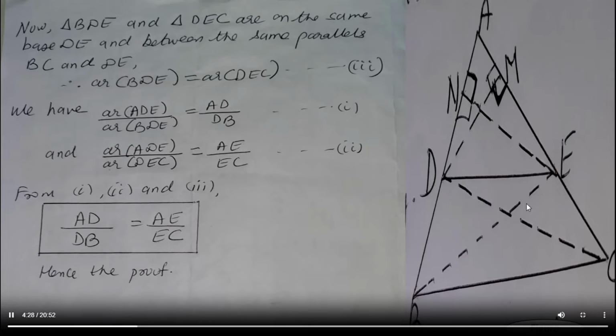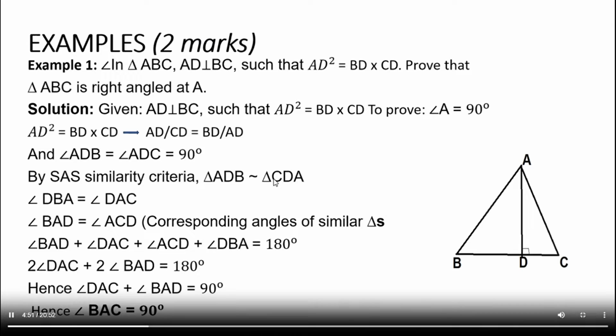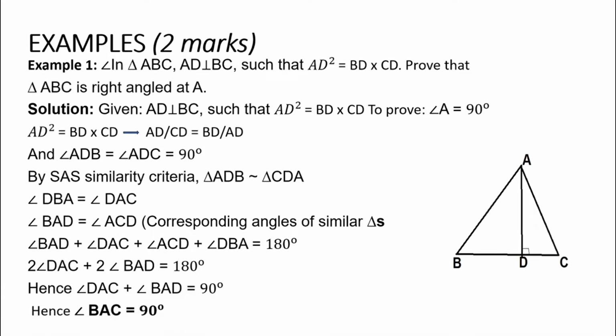First is area of ADE upon area of BDE, which is AD upon DB. Area of ADE upon area of DEC, which is AE upon EC. But area of BDE and area of DEC are the same. Hence, we have AD upon DB is the same as AE upon EC. Hence the proof.